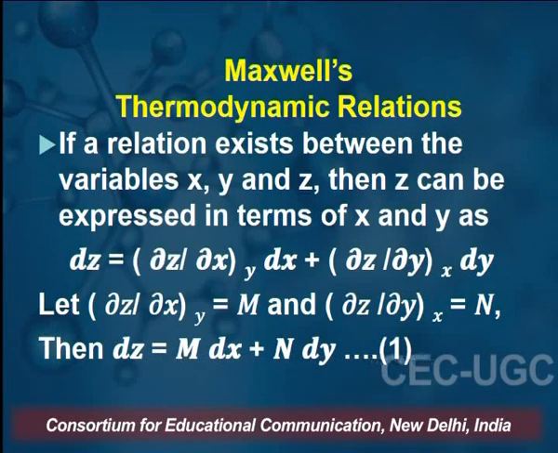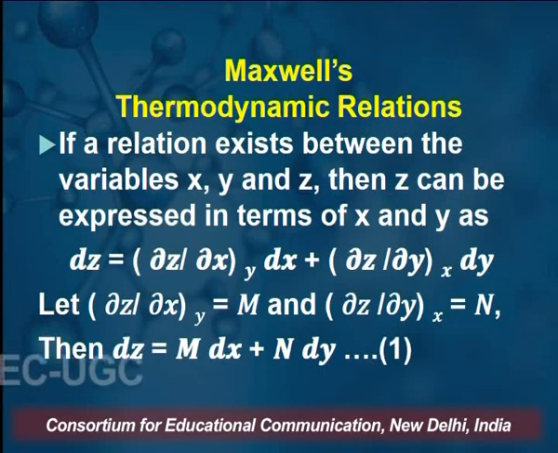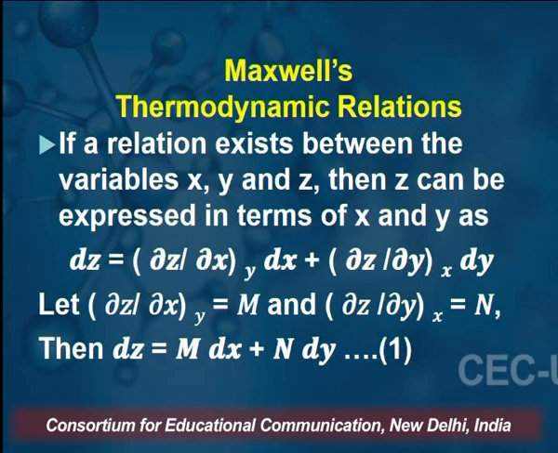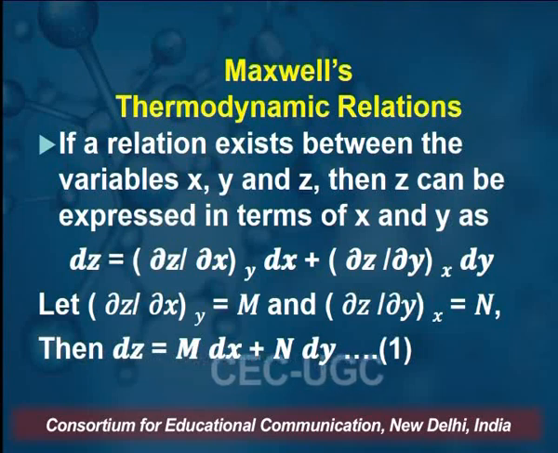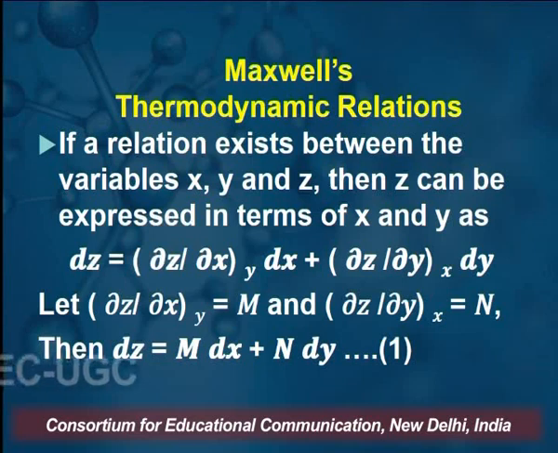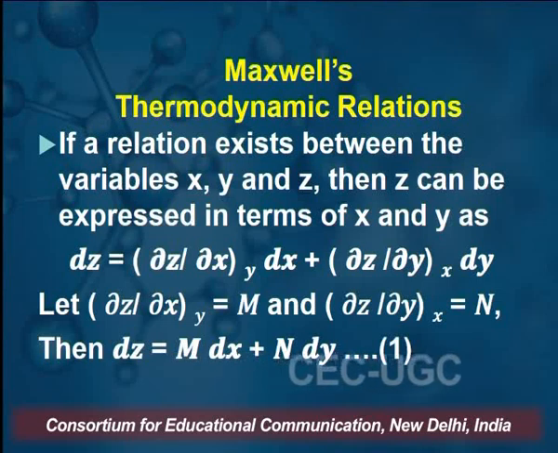If a relation exists between the variables x, y and z, then z can be expressed in terms of x and y as dz = (∂z/∂x) at constant y dx + (∂z/∂y) at constant x dy.